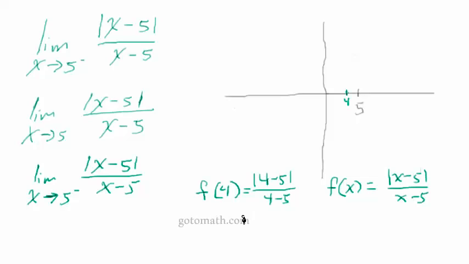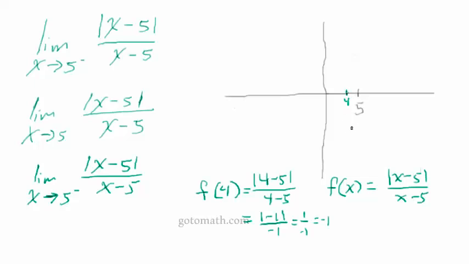And so this becomes the absolute value of negative 1 over negative 1. But the absolute value of a negative is positive, so we have positive 1 over negative 1. So this ends up as negative 1. So when we plug 4 in, we get negative 1 out.